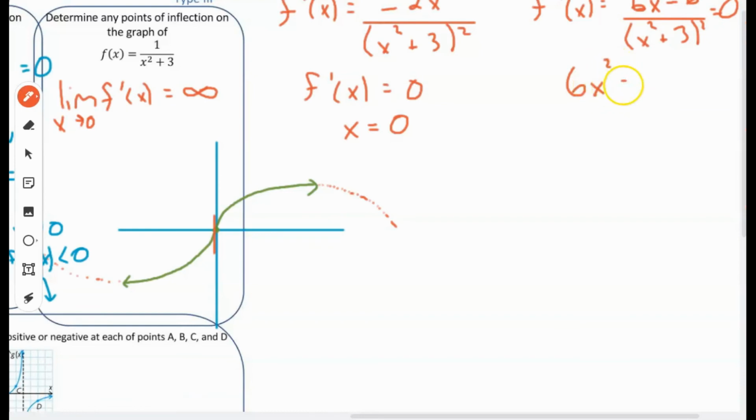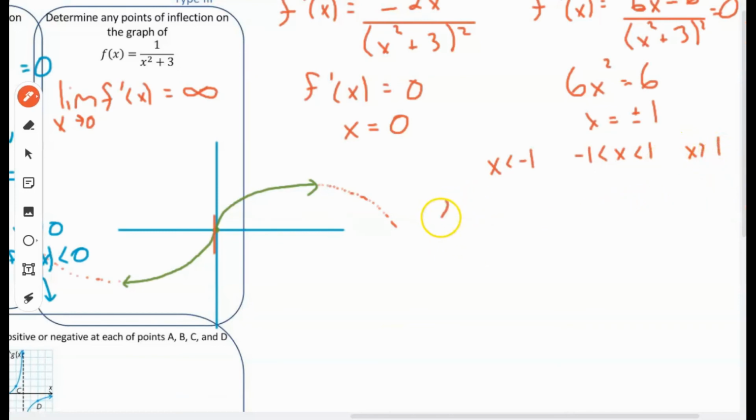So we get 6x squared equal to 6, or x equals plus or minus 1. So let's do our second derivative test. It's plus or minus 1, so we're going to have to look at a few intervals. First, when x is less than -1, when x is between -1 and 1, and when x is greater than 1.